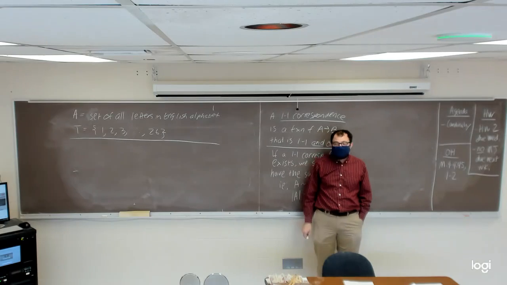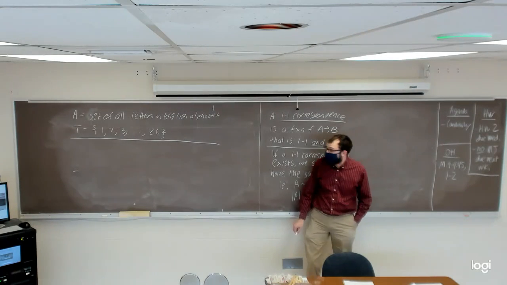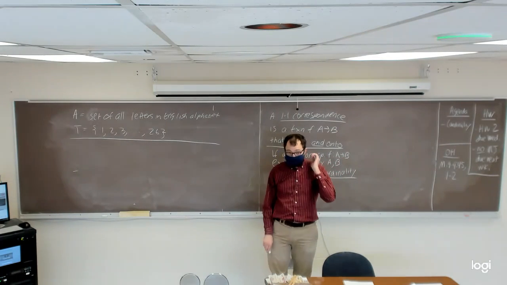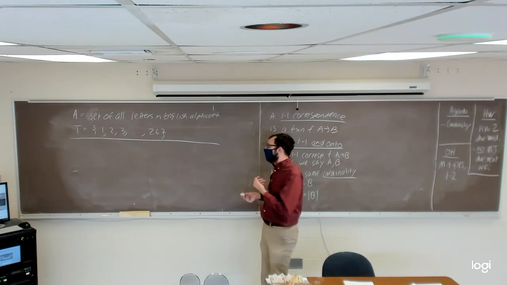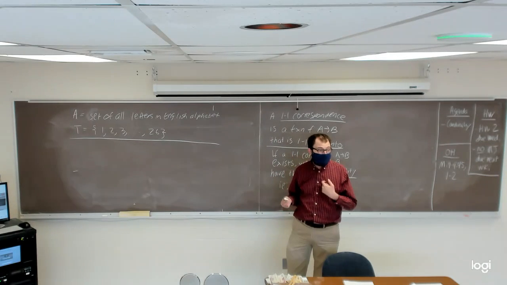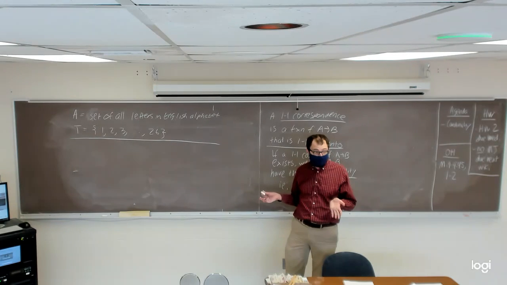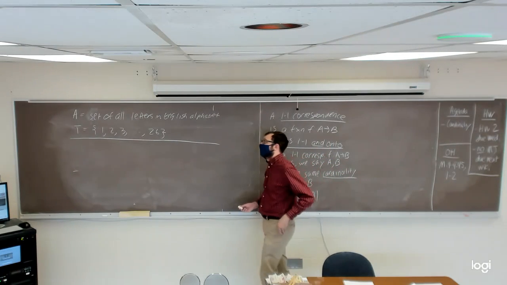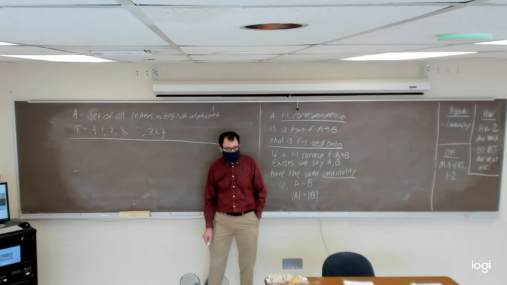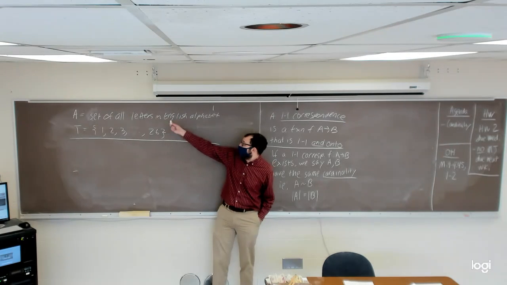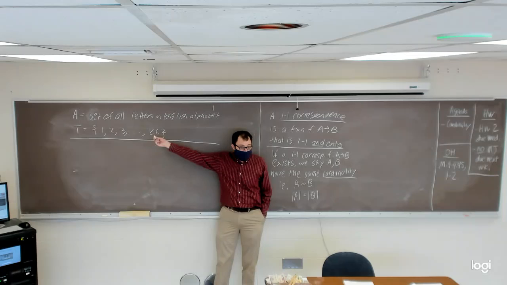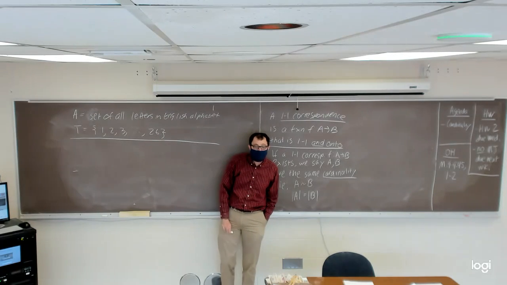What I would like to do is to find a function that goes from A to T, in other words, a function that takes in letters in the alphabet and spits out integers from 1 to 26 in a way that is both one-to-one and onto. In other words, no two letters map to the same number, and every number gets mapped to by something. What would be a way that we could do that?